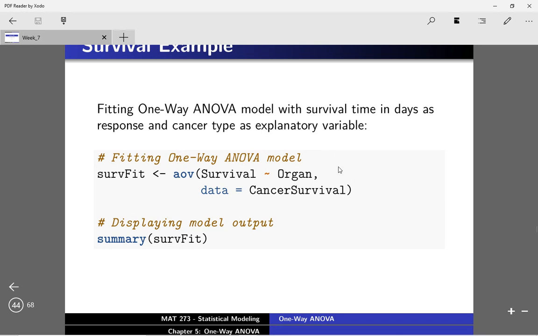Here to fit a one-way ANOVA model, where we want to see if the average number of days survived differs by the type of cancer. So we're just going to do survival, our response variable, tilde, organ, our grouping variable. Okay, and then we're going to use the aov function to fit this ANOVA model.